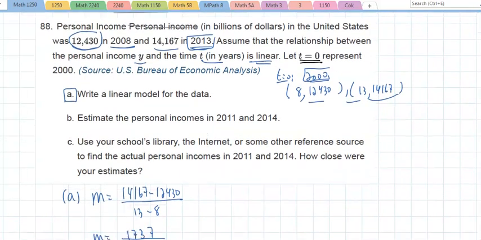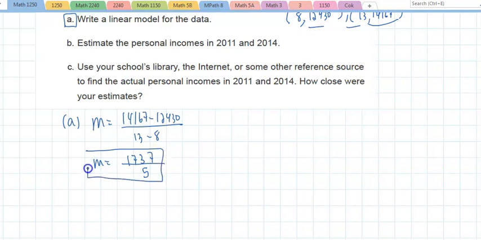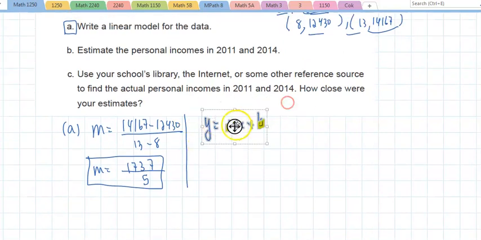And I could leave it like that. And to find the equation of a line, I'm going to say y equal mx plus b. And I already know what I need. I need the slope, I already have. I need b.